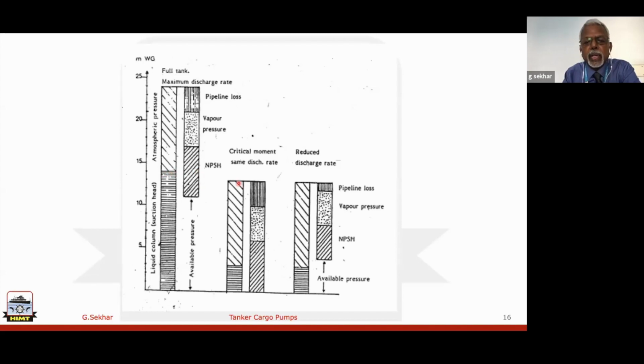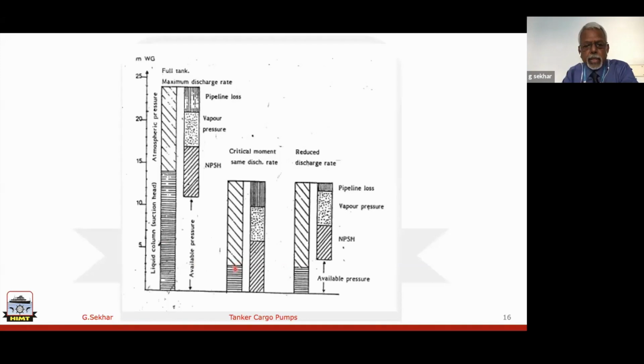Now this is what is shown here. When is the critical moment where there is a possibility of cavitation occurring? If you see here, atmospheric pressure is shown again, critical moment, same discharge rate. That means you are continuing the same discharge rate, meaning your COP is running at the same RPM. This is your atmospheric pressure, no change, and this much cargo you have already discharged.